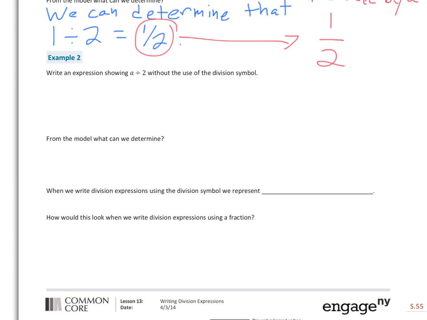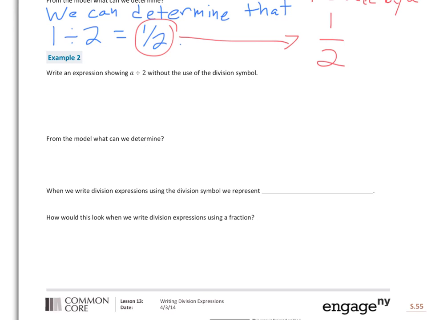Example number 2 says, write an expression showing a divided by 2 without the use of the division symbol. So when it means the division symbol, it means this guy up here. We're not using this. That is the division symbol. So, just like I did up above, let's do a little tape diagram just to start.